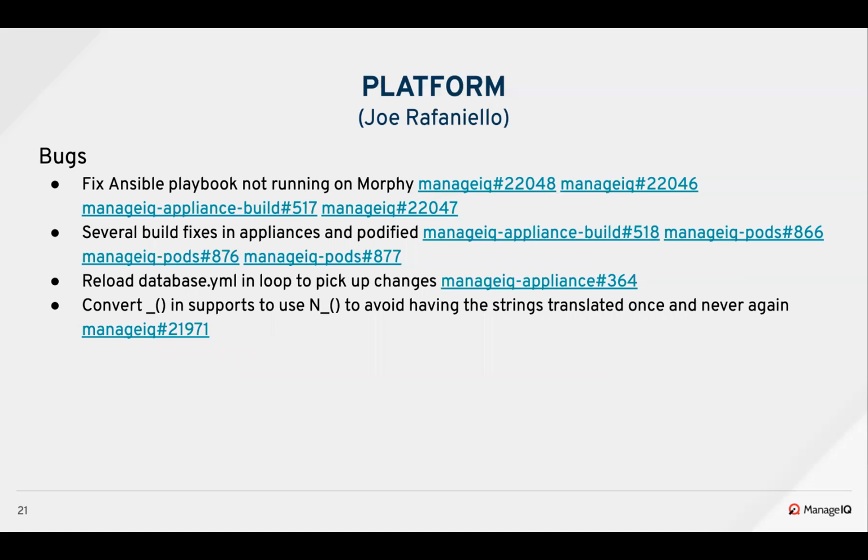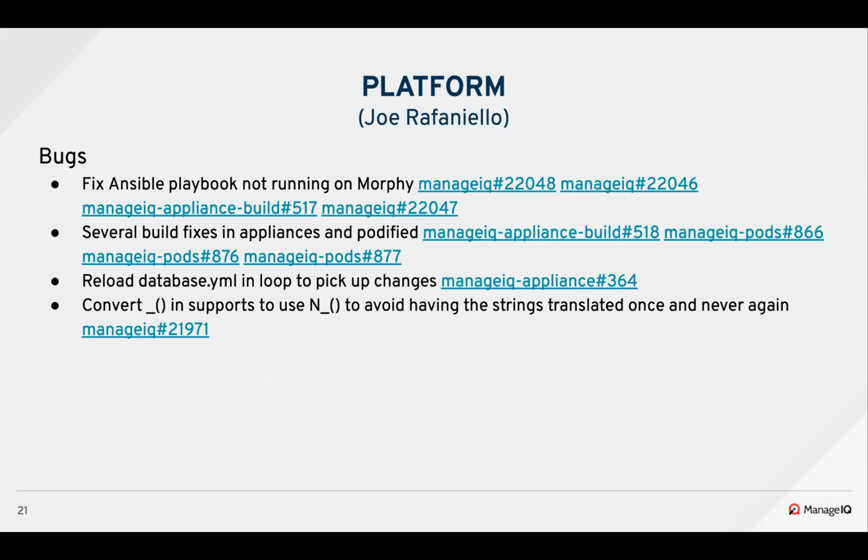For core bugs, Jason and Adam had several fixes to get Ansible playbooks running on Morphe. Next, Jason and Brandon had many fixes and cleanup in the build area for appliances and Codified. Next, Adam fixed an issue where the script that checked that the database was ready was only reading the database YAML once and not picking up changes to the file later on.